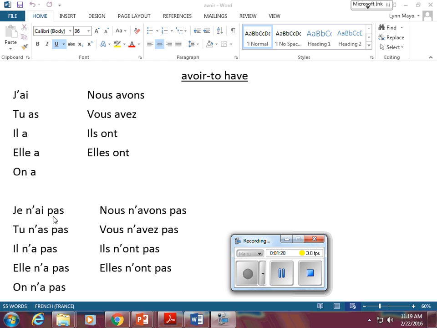And in the negation, my ne and my pas are going to go around the verb. The forms of avoir start with a vowel, so my ne becomes an apostrophe. Je n'ai pas, tu n'as pas, il n'a pas, elle n'a pas, on n'a pas. Nous n'avons pas, vous n'avez pas, ils n'ont pas, elles n'ont pas.